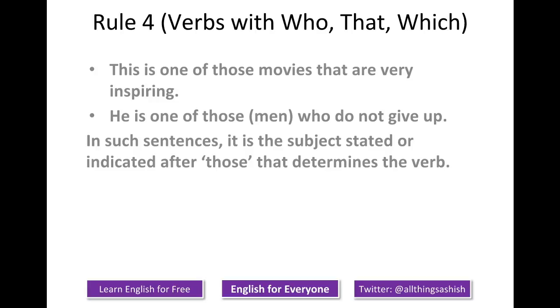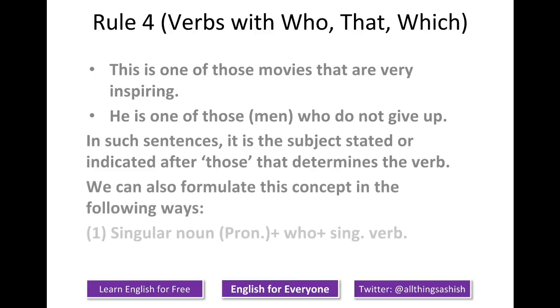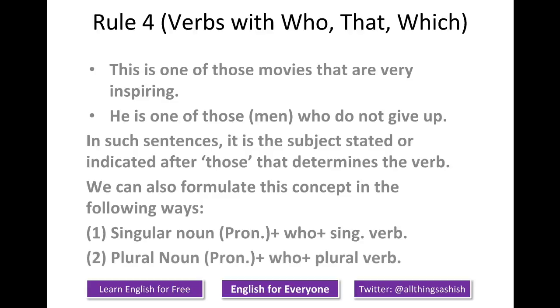So what we can say is singular noun or pronoun plus who plus a singular verb, and plural noun or pronoun plus who will have a plural verb.